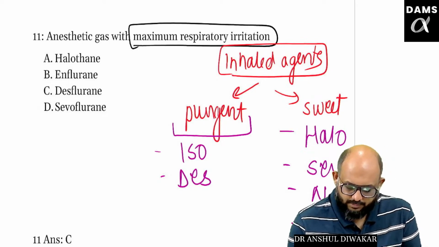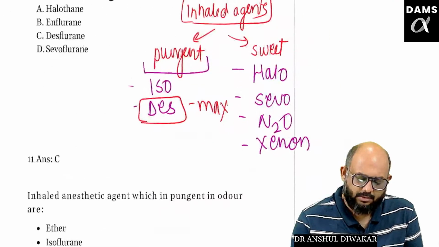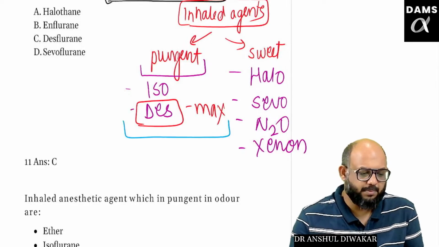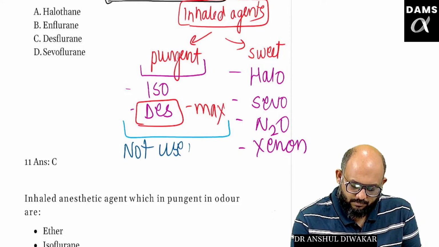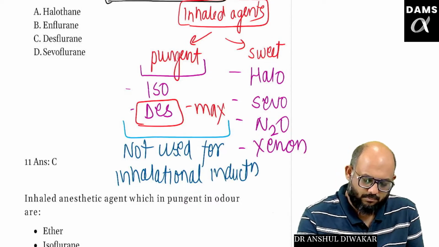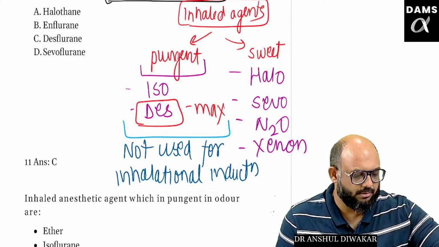Out of all of this, maximum pungency is seen with des, and an agent that is pungent in odor should not be used for inhalational induction.